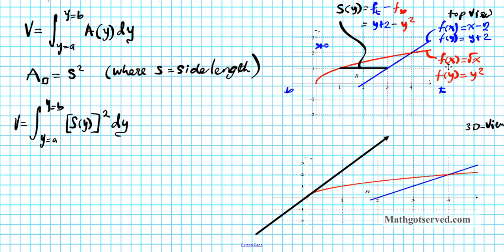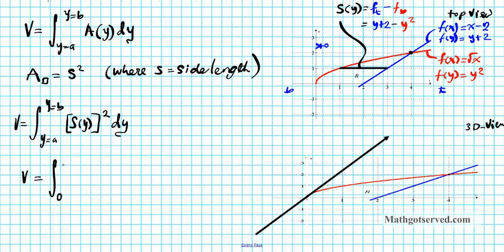So that's the length of the base of your square. Remember I told you it's going to be a function. So now that we have s of y, the length of the base of our square, we're just going to put it in here. And that will be the volume of our solid, okay? So the volume V is going to be the integral from, now the coordinates of this point is 4, 2. This slice is going along the y-axis, so you're going from 0 all the way to 2.